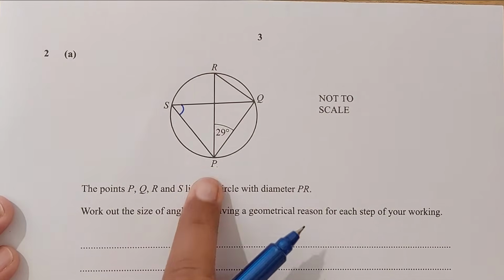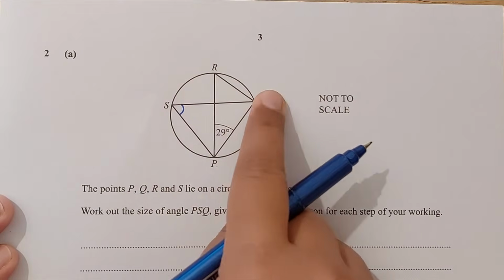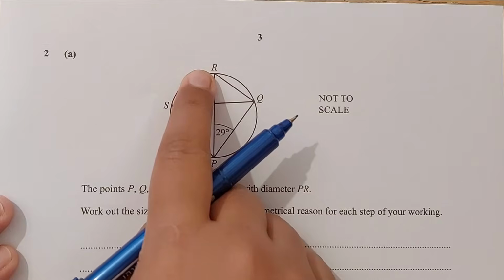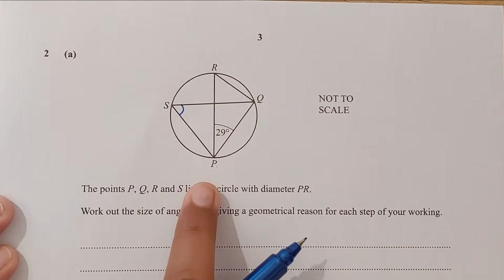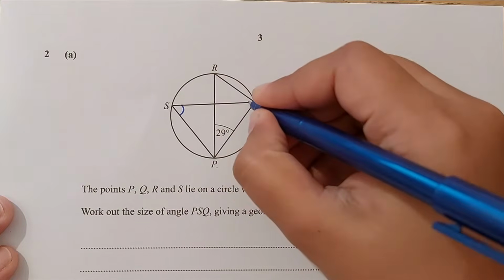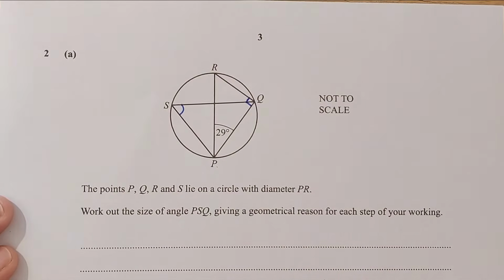This is the diameter, and this is the triangle P, R and Q. The triangle over the diameter is a right-angled triangle.